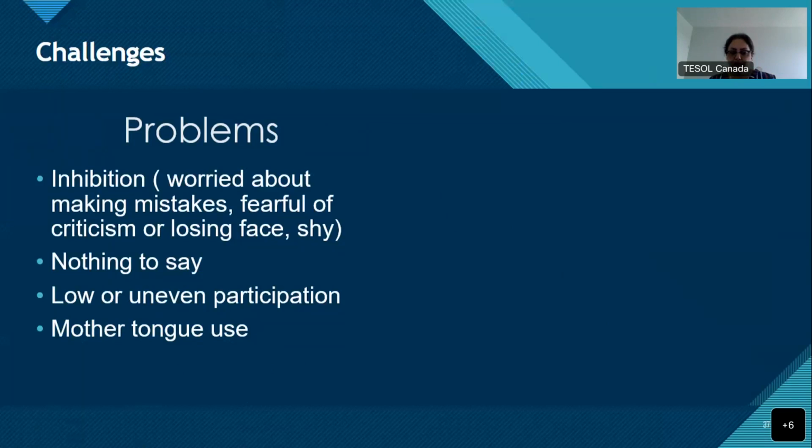If you face these problems, what do you suggest as a solution for these problems? Can you see this slide? When your students stop talking because of the fear of making mistakes, they don't have any ideas, they use their mother tongue a lot, what do you recommend?